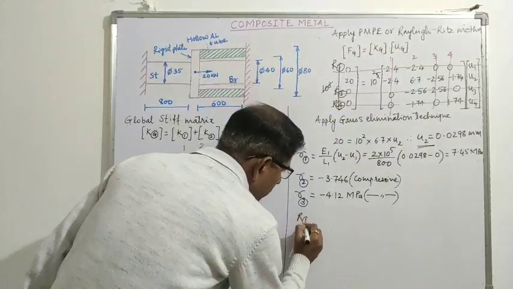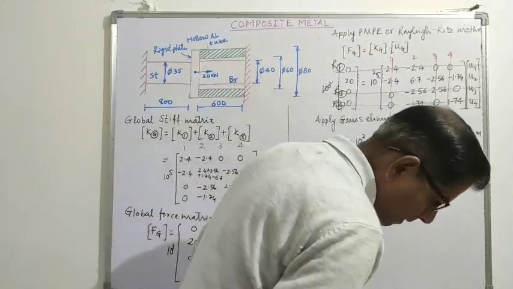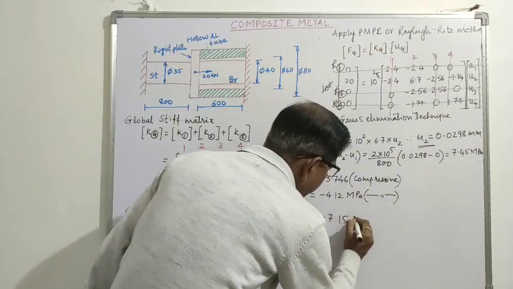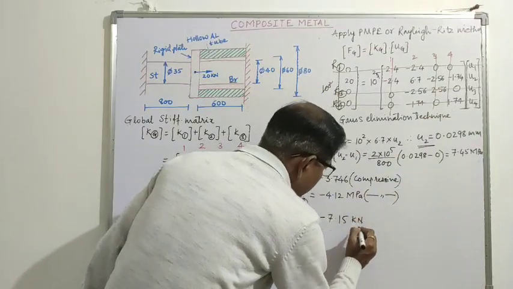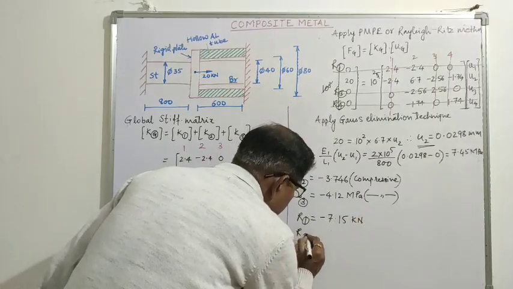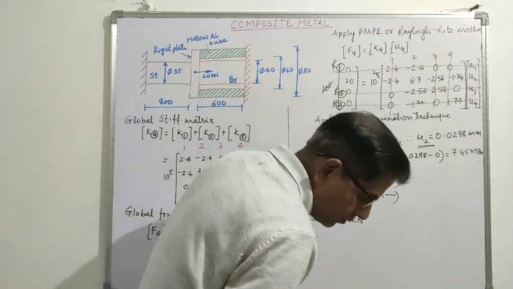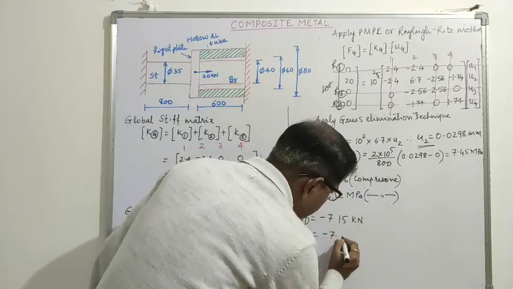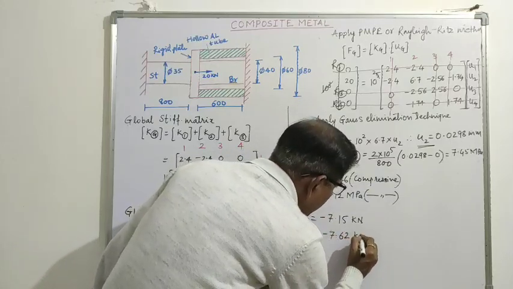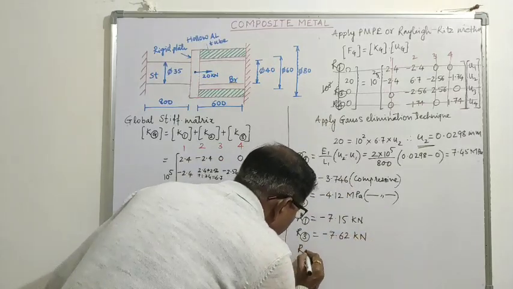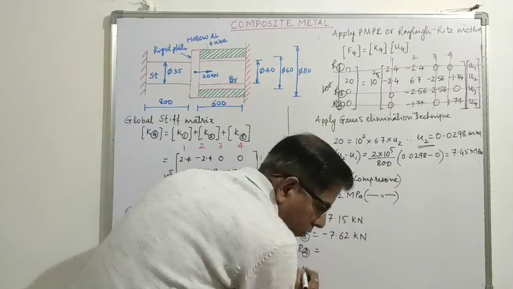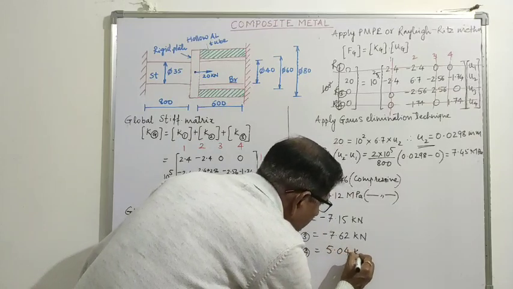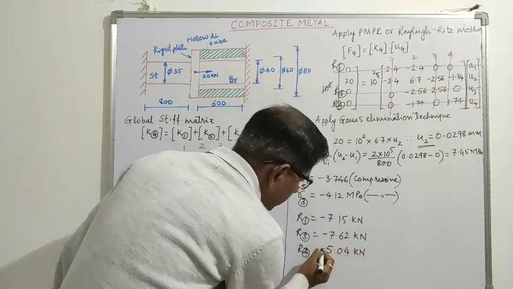So R1 comes out to be minus 7.15 kilonewton, R3 as minus 7.62 kilonewton, and R4 is minus 5.04 kilonewton.